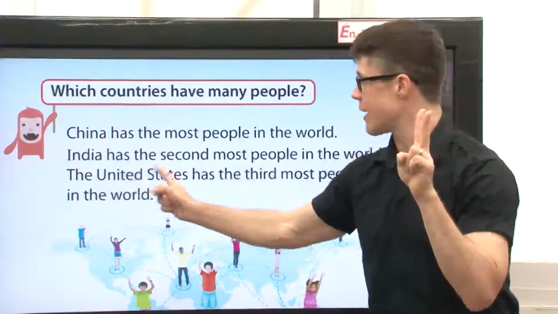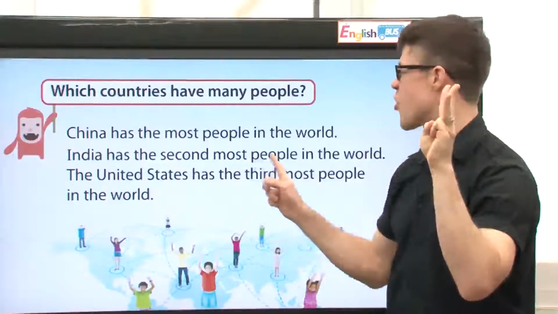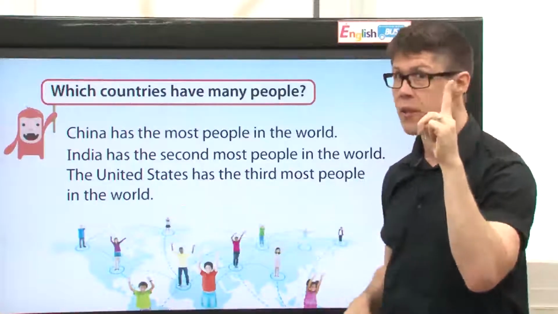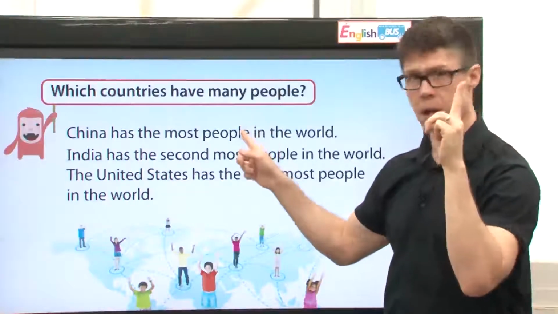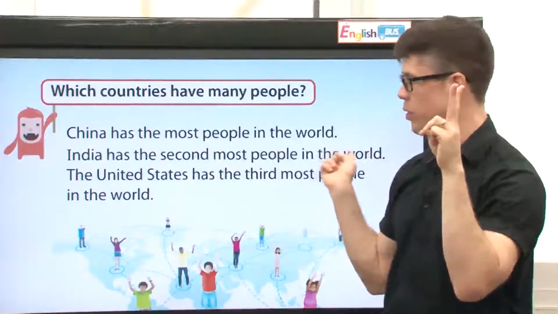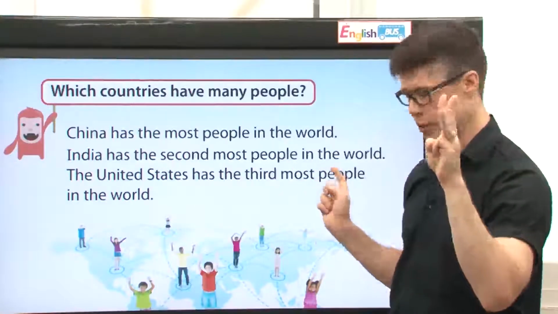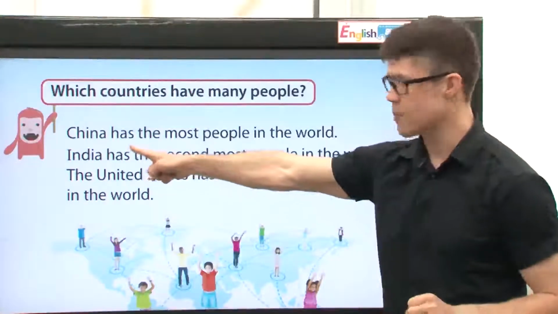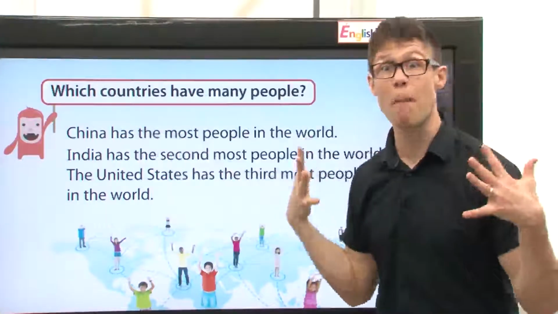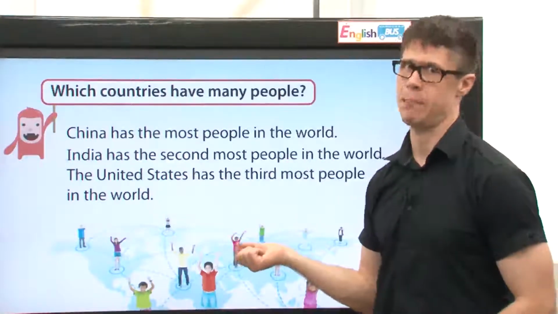And the United States has the third, number three, has the third most people in the world. India has more people than United States. China has the most people. But they all have many people.